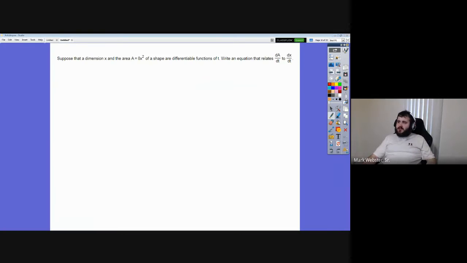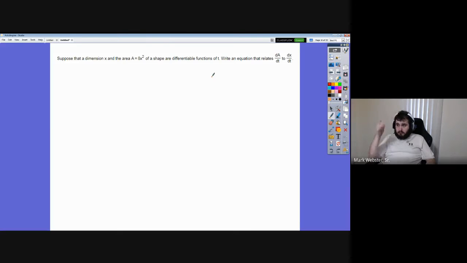Okay, let's start very simple. Working with a related rate. How do we do this? So, what they want us to do is that, maybe x is one of the edges of the shape. And we know that the area of that shape is modeled by the function A equals 8x squared.